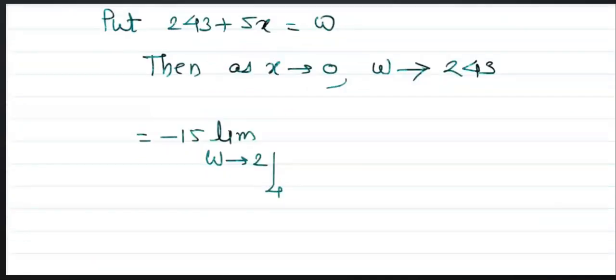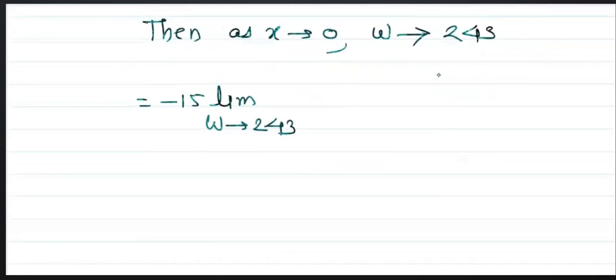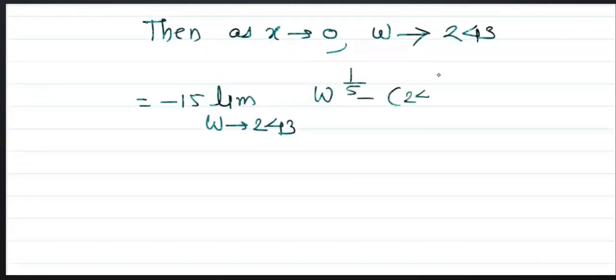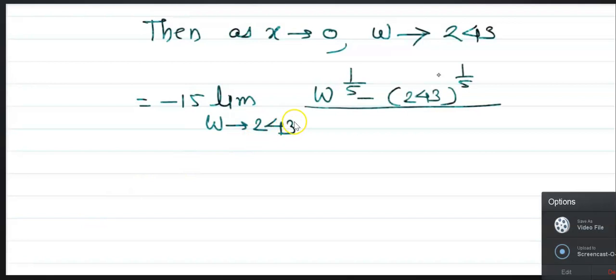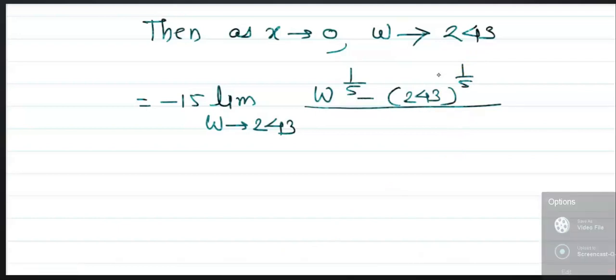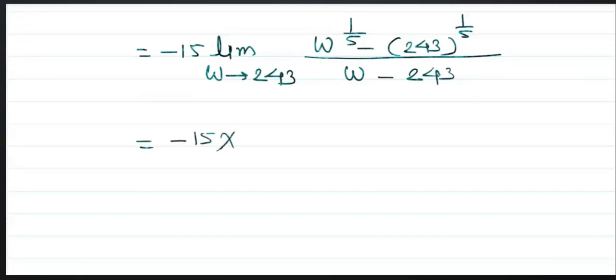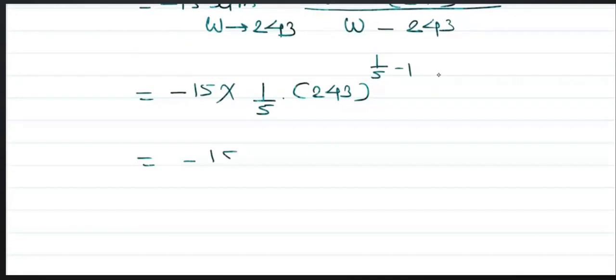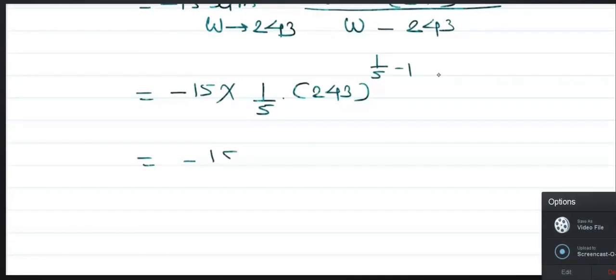Therefore, minus 15, limit w tends to 243 of w raised to 1 upon 5 minus 243 raised to 1 upon 5, and the denominator w minus 243. Minus 15, that is 1 by 5, 243 raised to (1 upon 5 minus 1).